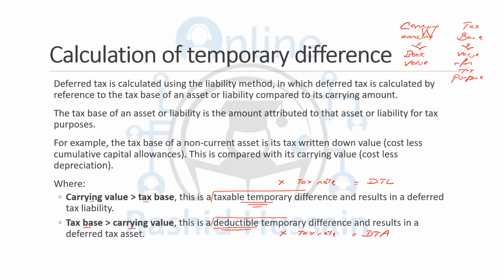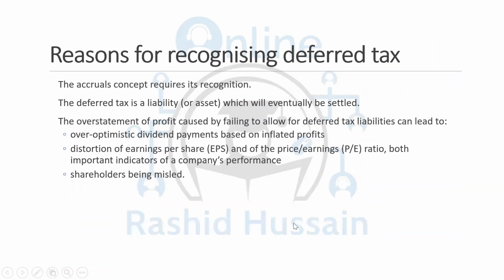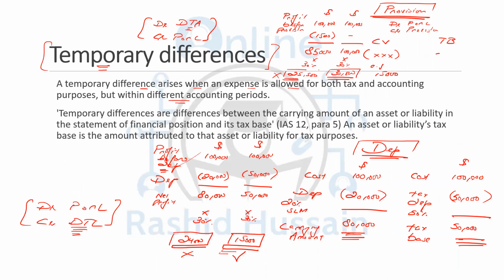I need to tell you one thing, that by looking at the example which we did in the previous slide, the first example was related to the depreciation. You see over here, the carrying amount is 80,000, which is cost minus its accumulated depreciation. And the tax base is cost minus its tax depreciation. So the carrying value is more than the tax base.